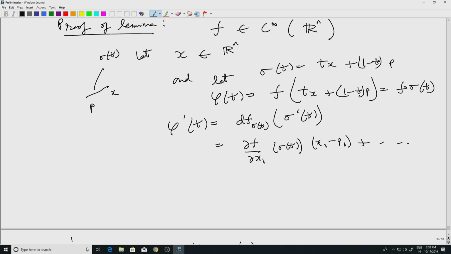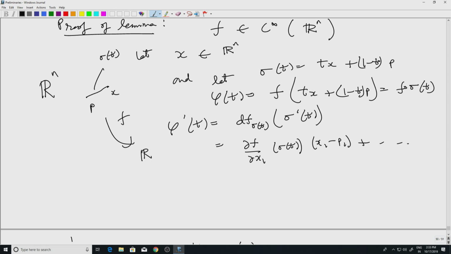Now I'm going to compose this sigma t with f. In other words, restrict f, which was already a function from Rn to R, to this line. So phi of t is f of sigma t.